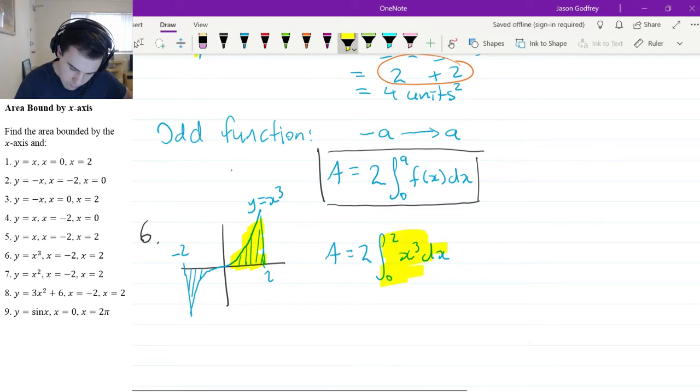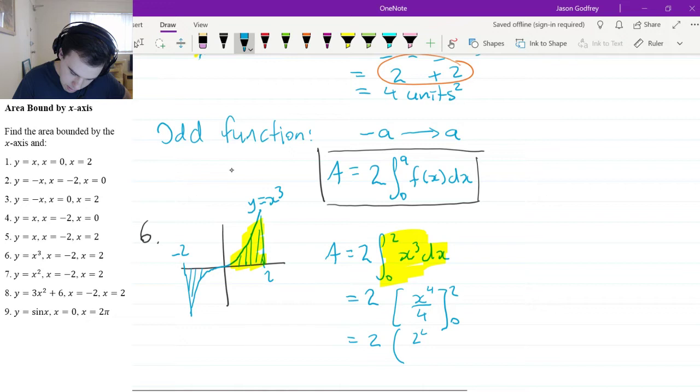Since it's an odd function, we can just double whatever that is. So we'll get 2 lots of integrating x cubed with respect to x, add 1 to the power, and divide by the new power, from 0 to 2. And we're going to have 2 times subbing in 2.